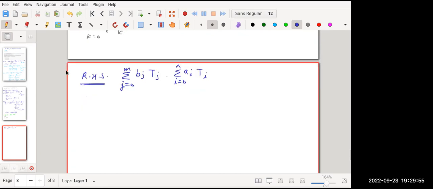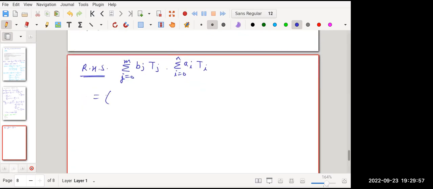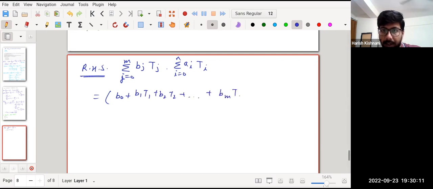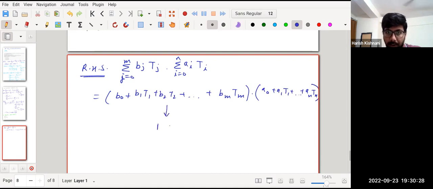Yes, sir. Or more explicitly, it's a sum of this form b naught plus b1 t1 plus b2 t2 plus so on, dot dot dot bm tm, right? And you have to multiply it with a naught plus a1 t1 dot dot dot an tn. Okay, so this is going to be a polynomial.